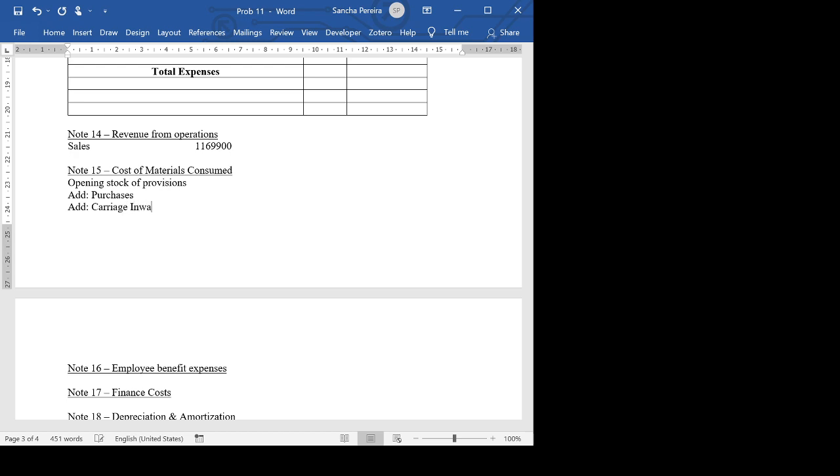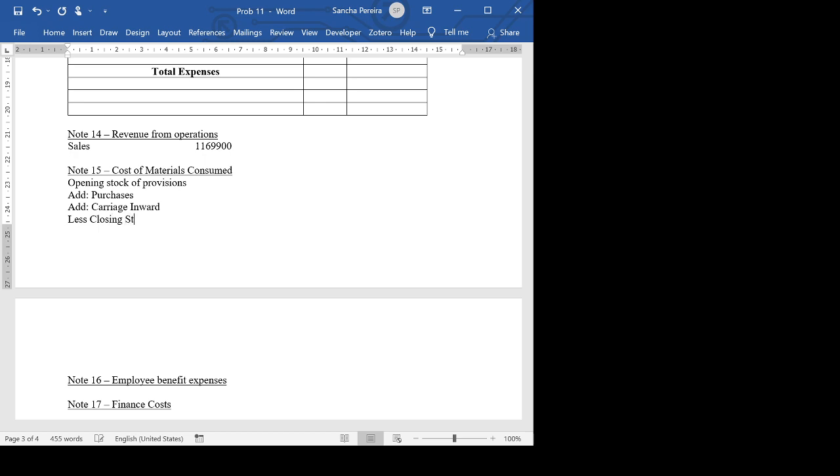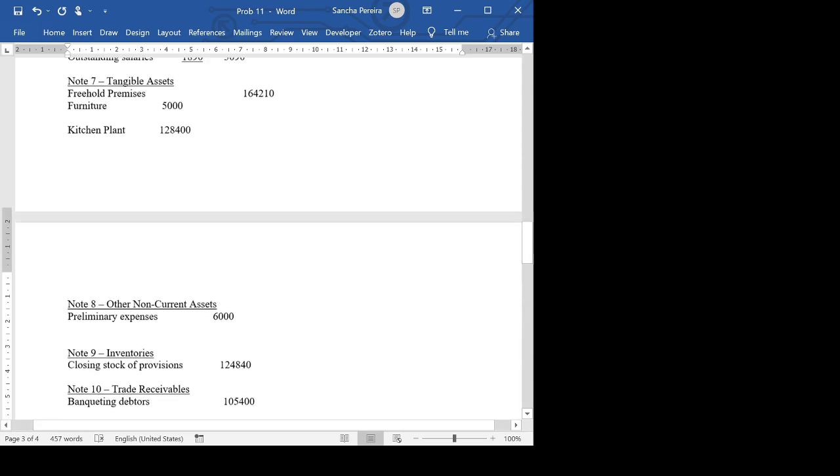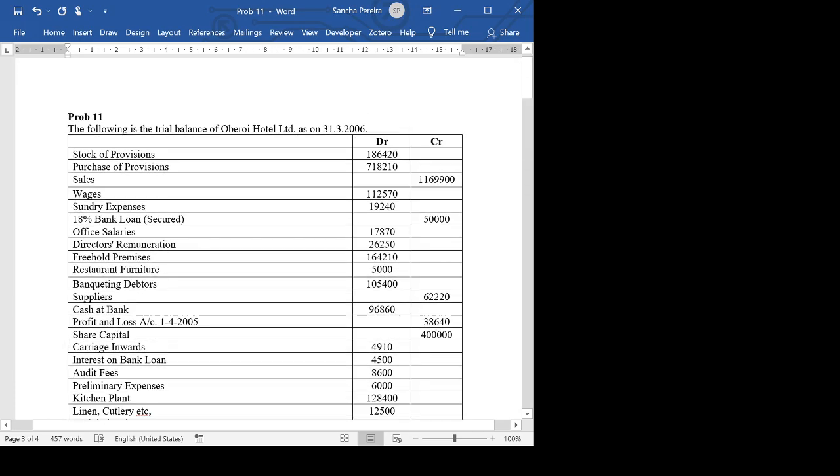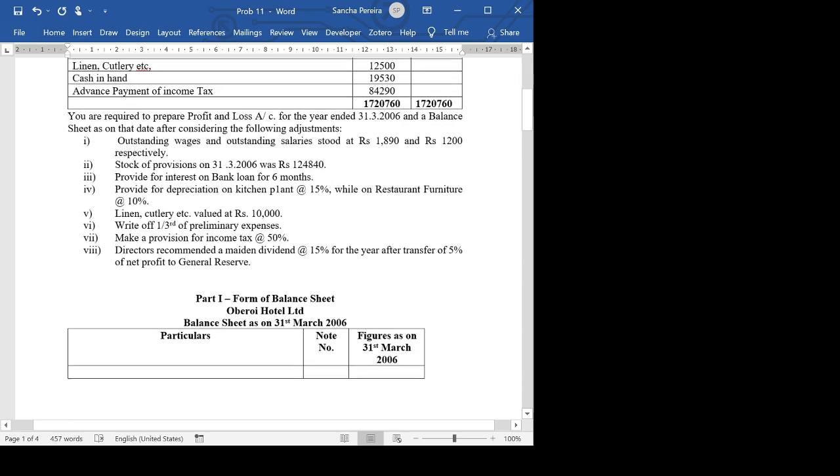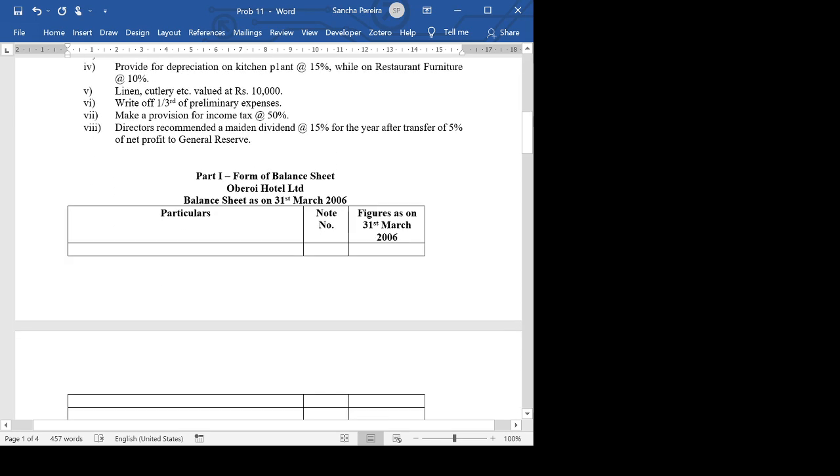It's connected to purchases, and less closing stock of provisions. So opening stock of provisions, right in the beginning, is 186,420.